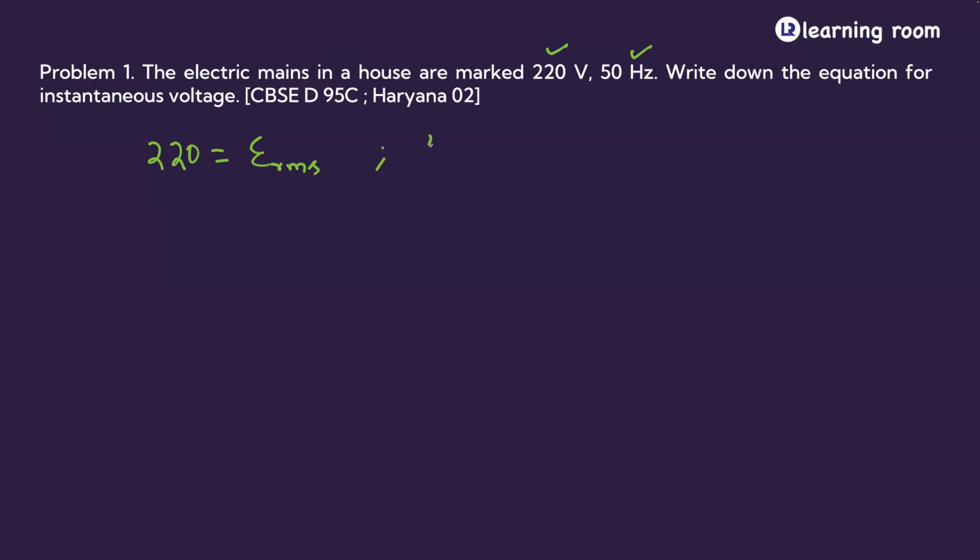So what is the value of E naught? E naught will be square root of 2 times E RMS. Square root of 2 is 1.414, into this 220. You multiply, you get a value.